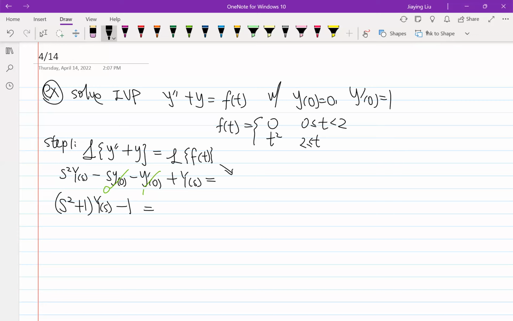Okay, so now let's find the Laplace transform of f of t, which is, if you were to graph it, the first piece is just going to be 0 from 0 to 2. And then the second piece is going to follow the curve t squared.